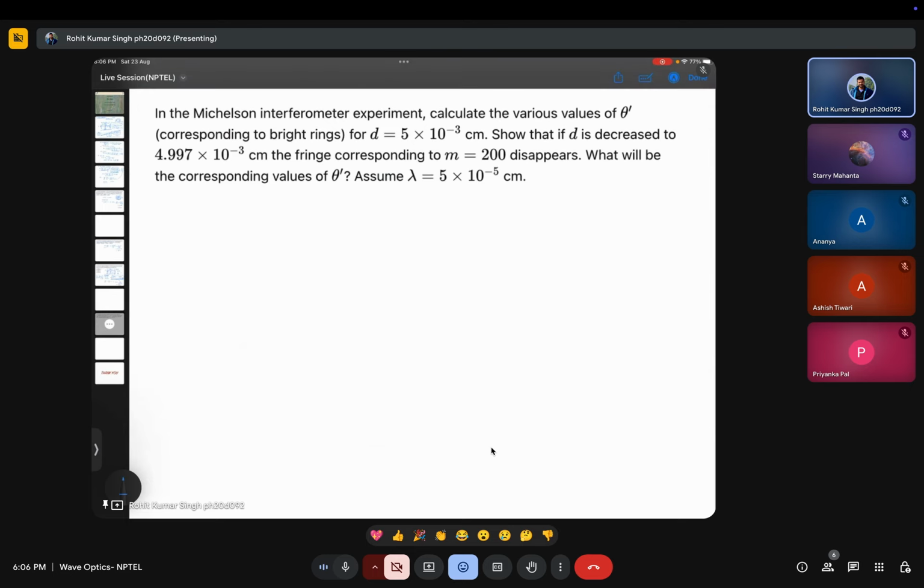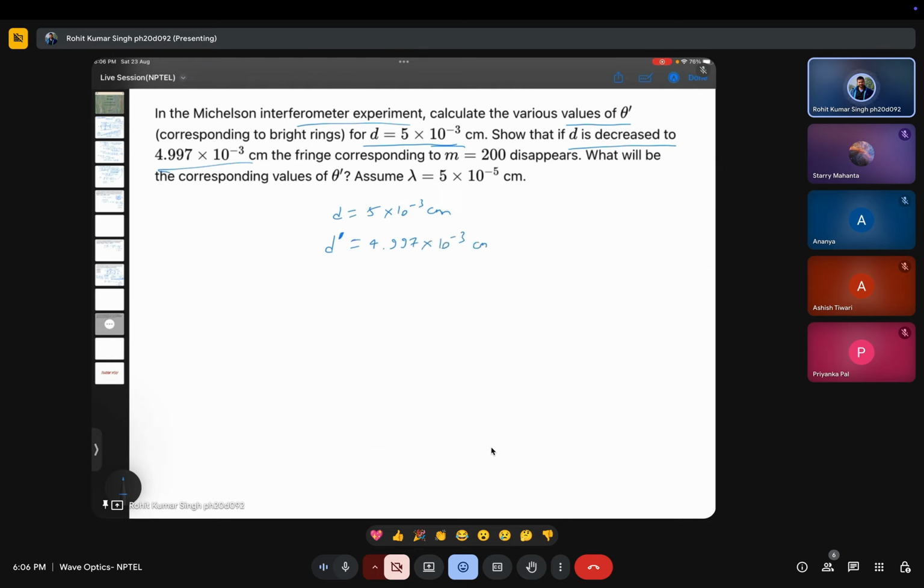Now this one is straightforward basically. In the Michelson interferometer, calculate the various values of theta prime. Distance between the mirrors is given, 5 into 10 to the power minus 3 centimeter. You have to show that if d is decreased, the new d prime is 4.997 into 10 to the power minus 3 centimeter.